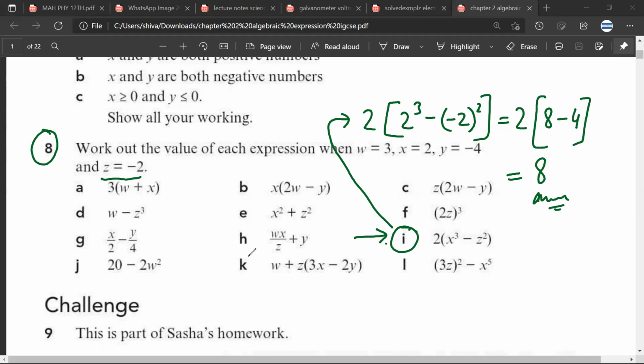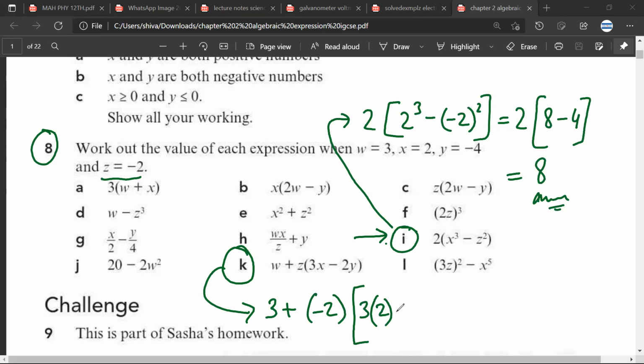Yes, sir. Mr. Sarthak, K part. So w is 3. So 3 plus minus 2, and x is 2.